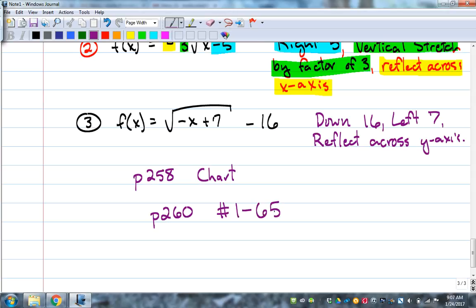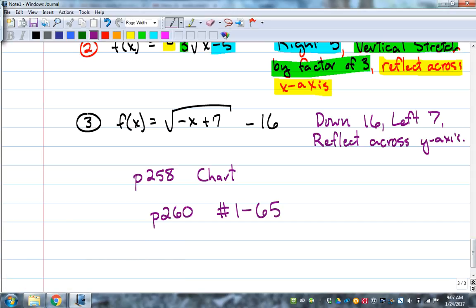All right, so suggested problems for this section are on page 260, 1 through 65. Just the various things that are going on with these transformations. You know, not going to get super complicated with them. It's going to be very straightforward, a lot like what we've talked about today. Nothing crazy about it.